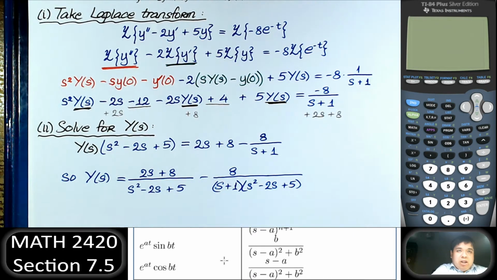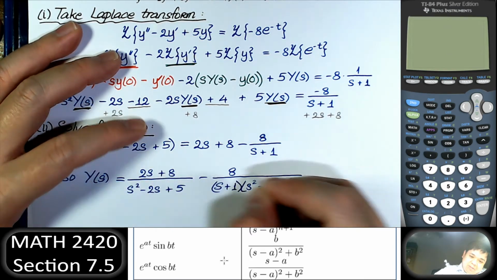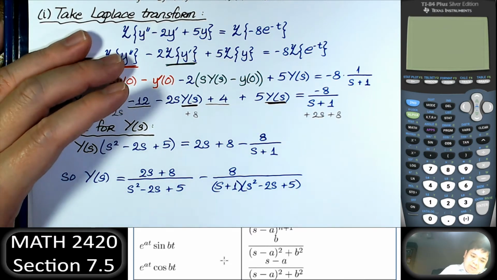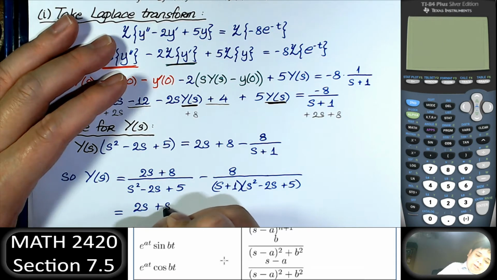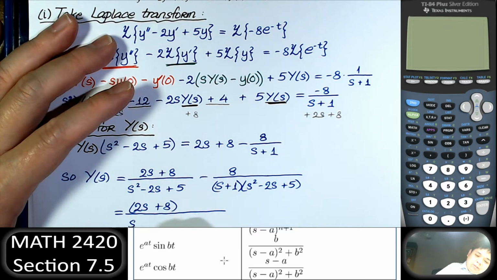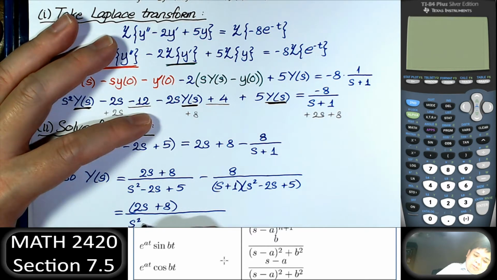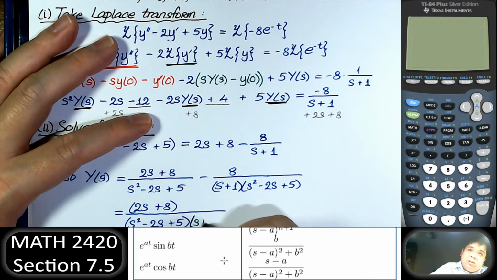Right, common denominator, we just need to multiply s plus 1 on the top of this. So I multiply top and bottom by s plus 1 to have the common denominator.